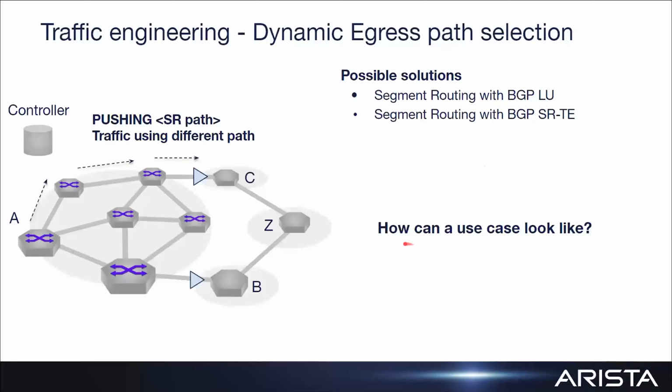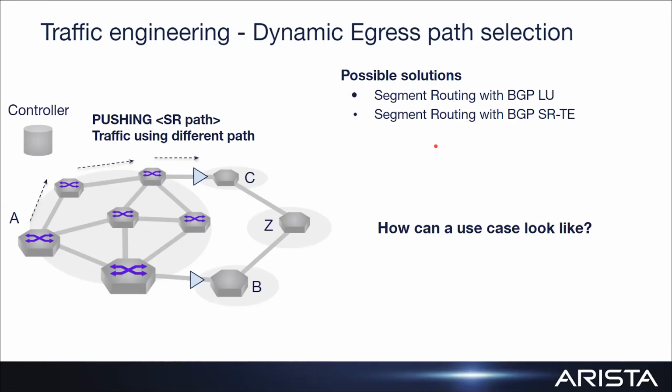Coming back to our network, I would like to examine two options for how a segment routing path could be pushed to our headend: segment routing with BGP LU and BGP SRTE. Then I would like to present a short use case of how it could be deployed in a real network.